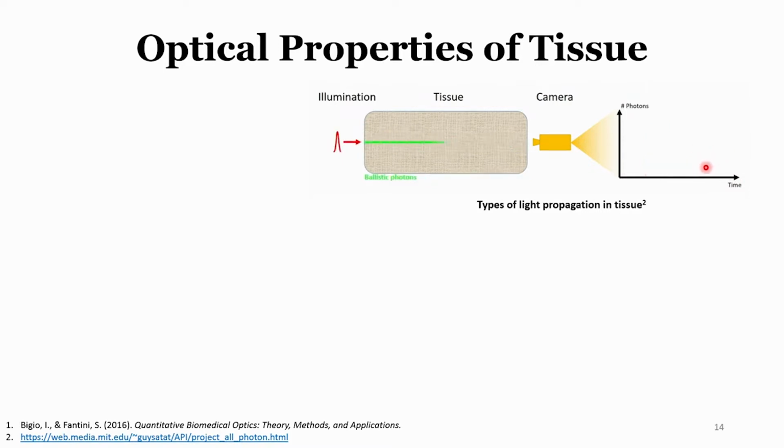You also see a certain trend: it is not actually a Gaussian, but the peak has a long tail, and this tail would also help you understand the scattering coefficient of the tissue. We will get to know about this at a later stage once we learn the mathematical model, but this is what is actually happening to the light propagating through the tissue.